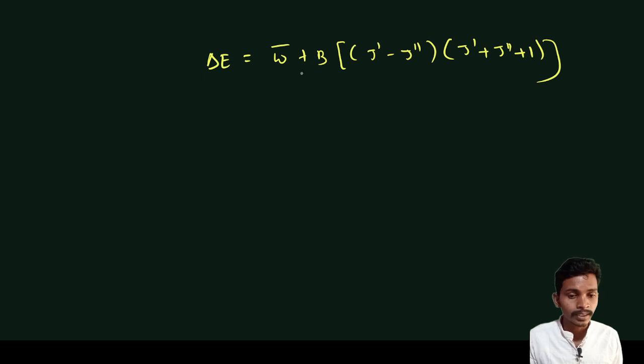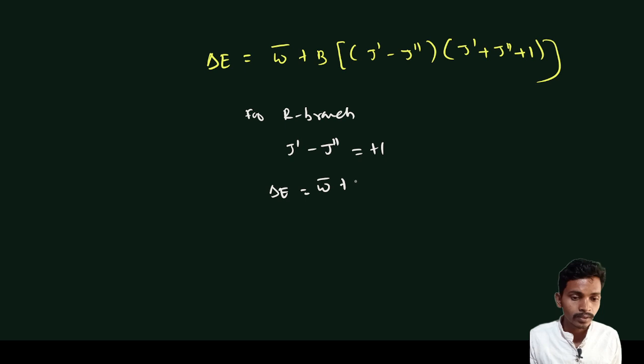We discuss that delta E is equal to this, and for the R branch we consider J dash minus J double dash equal to plus 1. If this is plus 1, then we take delta E equal to omega naught plus B, and after doing this we get 2B.